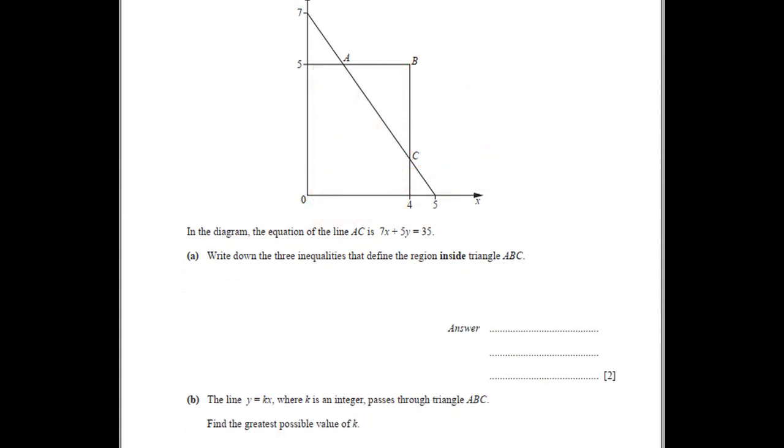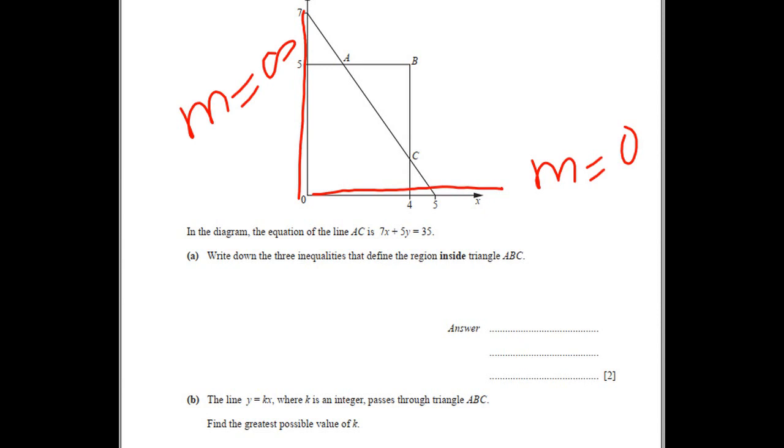Next, they want us to find the greatest possible value of k. So that means we want a line that has the biggest slope. I hope you remember that this line has the smallest slope because the slope is 0, and this line has the greatest slope because the slope is infinity. So we're looking for a line with as big a slope as possible, but it also should pass through the triangle ABC.